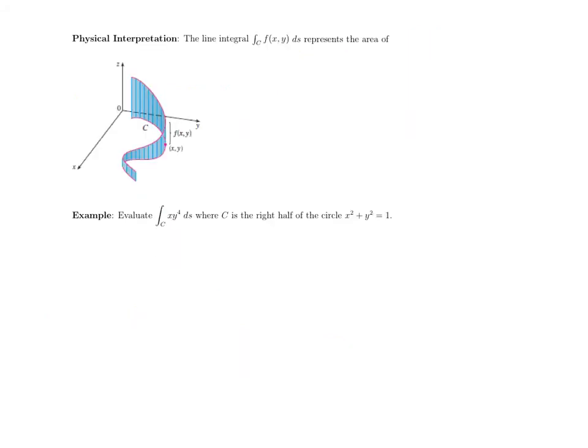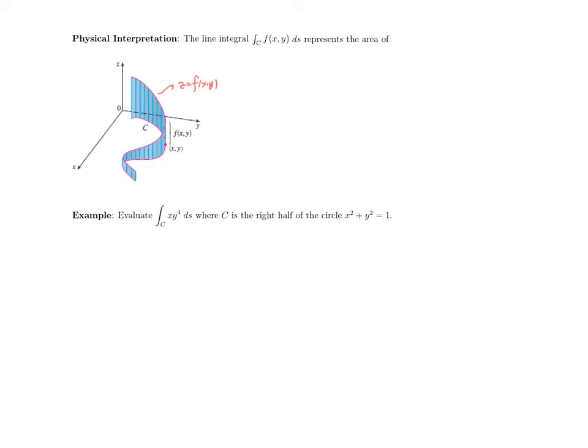And that intuition that we can take away from it is the physical interpretation of what it is that we're calculating. So if we want to find the line integral over the curve C, we're thinking the curve C is this portion sitting in the xy plane, of a function f with respect to arc length. So in this case, we're thinking that the upper curve is given by the portion of the surface z equals f of x, y. And this allows us to very conveniently interpret the line integral.